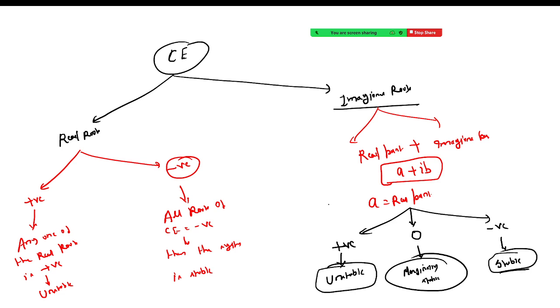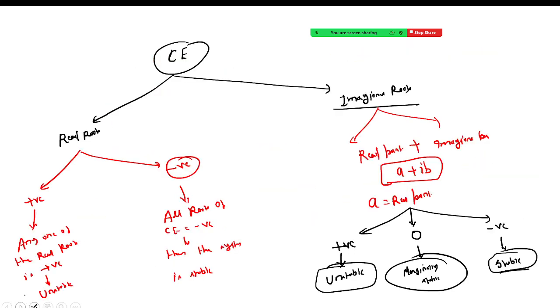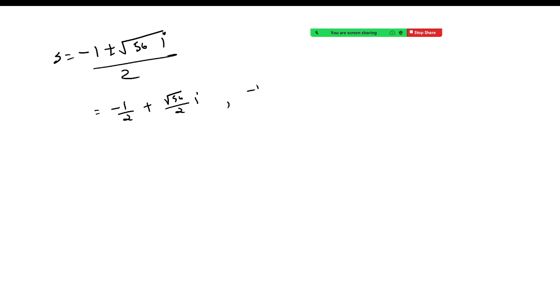Okay, so here you can see we have got this kind of root, -1 plus minus root 56 i by 2. Again, my s was equal to -1 plus minus root 56 i divided by 2. So the roots are -1 upon 2 plus root 56 by 2 i and -1 upon 2 minus root 56 by 2 i.